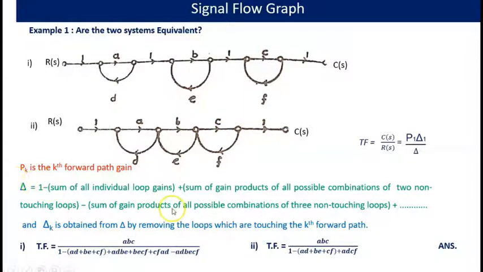Therefore 1 minus sum of all individual loop gains, that is 1 minus (AD plus BE plus CF), plus sum of gain products of two non-touching loops, that is AD and CF, only one pair, AD into CF. So these two systems are different.